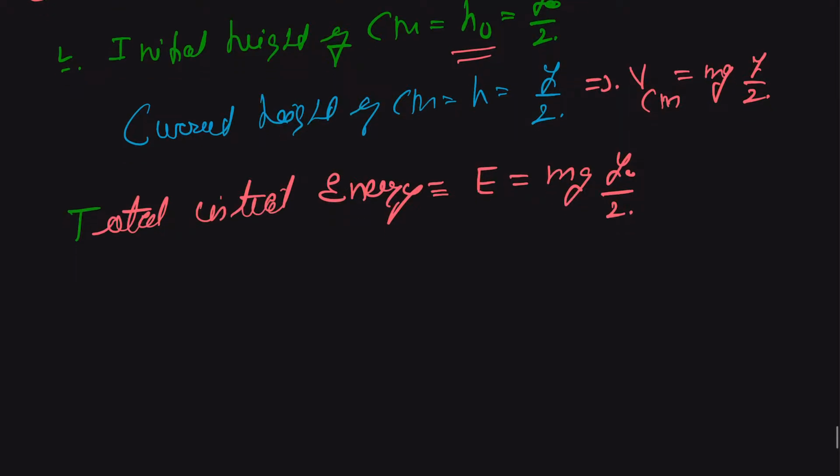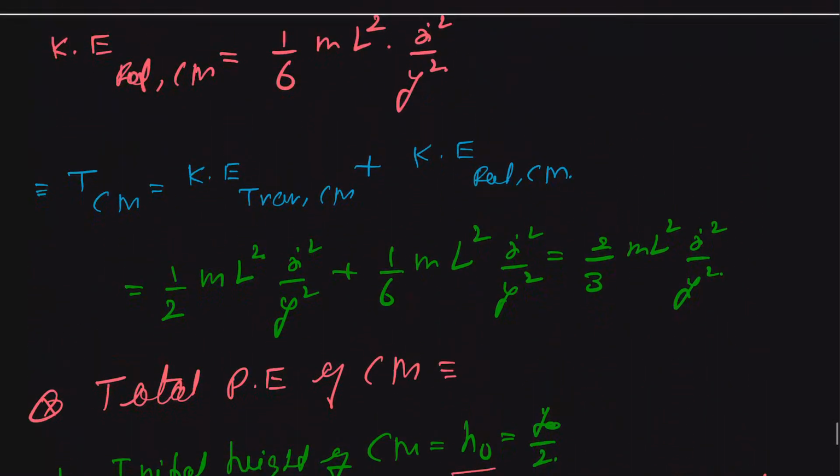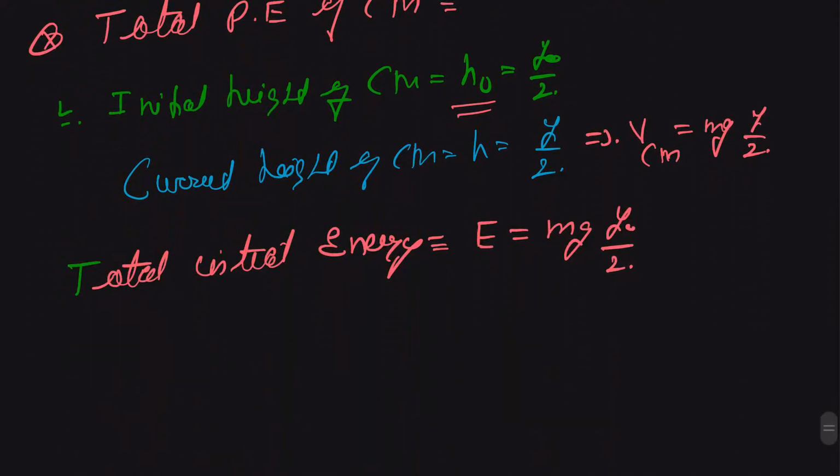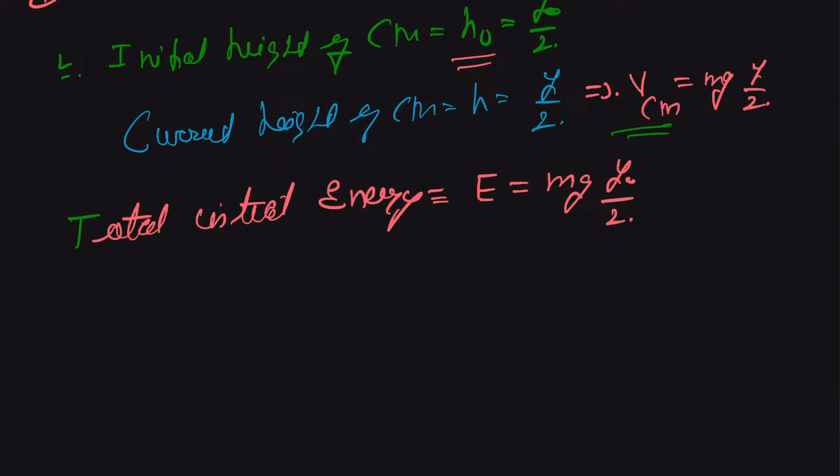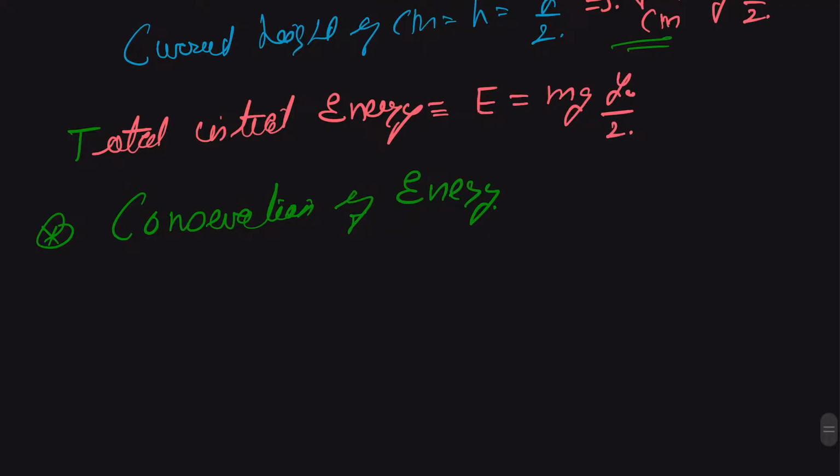Because we found out the total energy of the center of mass, which is a combination of kinetic as well as rotational, and the potential energy with respect to the center of mass, we can say that by conservation of energy, TCM plus VCM is equal to E. Now we simply substitute them.